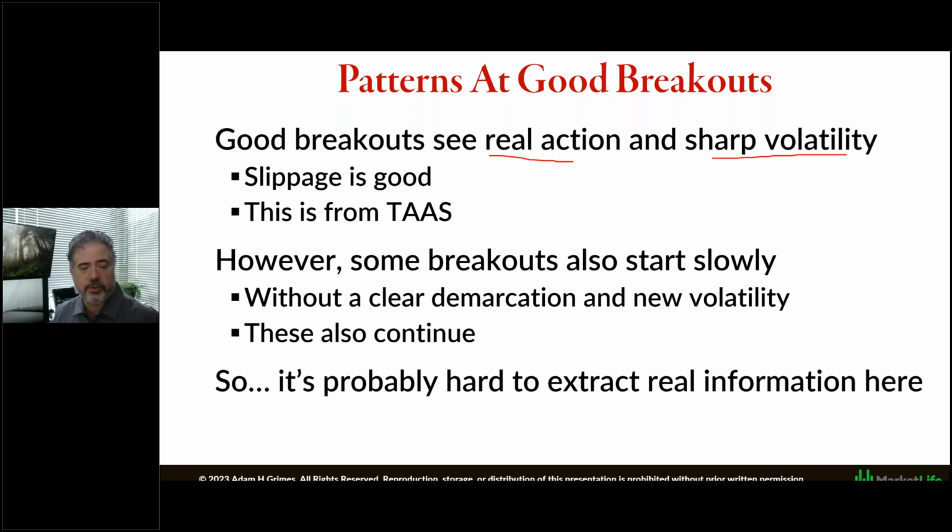It also is worth pointing out, I didn't make this clearly enough in the book, you'll see many breakouts that do start slowly. You can always go back and say that's the point on the chart where the breakout happened, but not every breakout flashes the lights and drops the confetti and says, here's the breakout. There are breakouts that slip beyond the level and then begin and gather momentum.